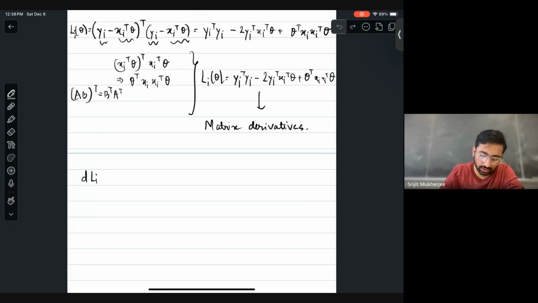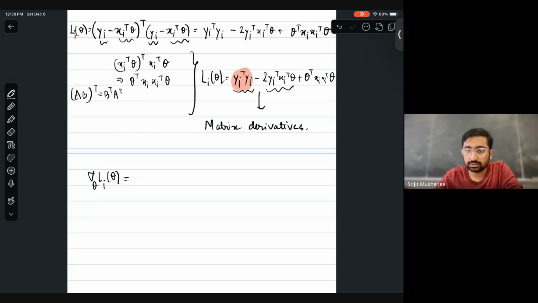Now the first term is not dependent on theta, so this gets cancelled. This term is dependent on theta, so we have to remember or check the rules.